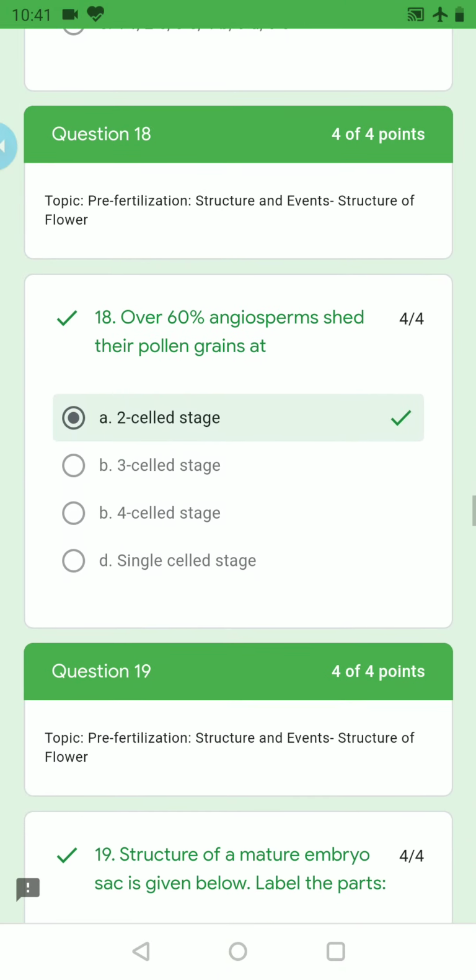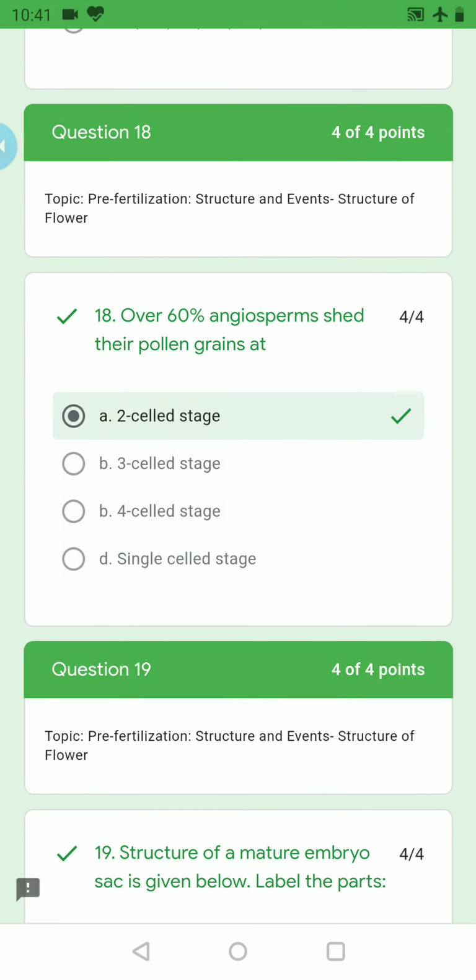The next question. Over 60% of angiosperms shed their pollen grains at... Well, we discussed pollen grains, I told you. The pollen grain, as we have discussed in our syllabus, is at the two-celled stage, that means containing one vegetative cell and one generative cell.